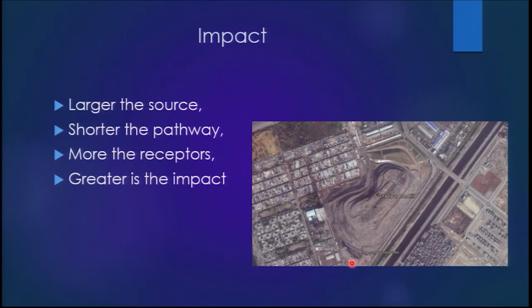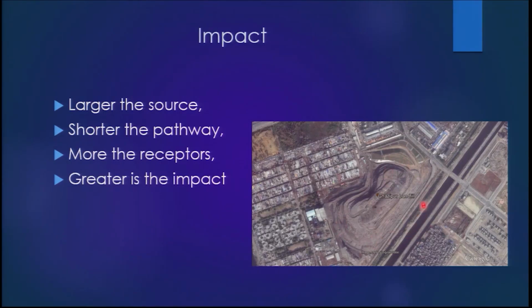What about the impact? Simply stated, the larger the source, the bigger the problem. The shorter the pathway, the more quickly it can reach you, and the more the receptors. This photograph, for example, shows you that there is a waste dump here.